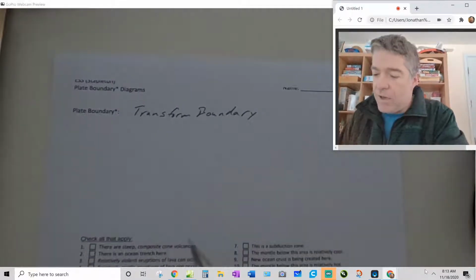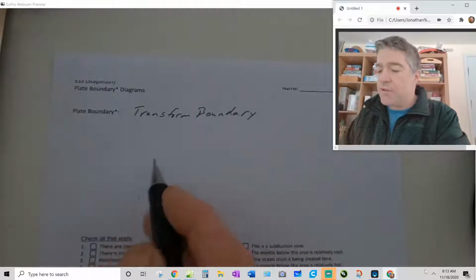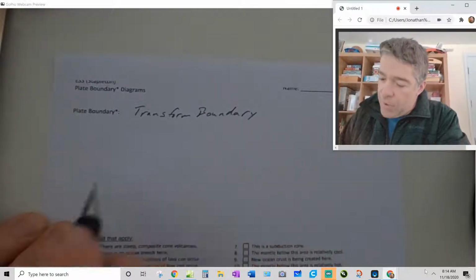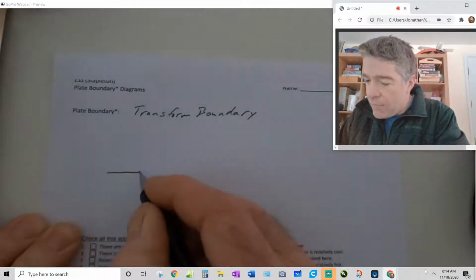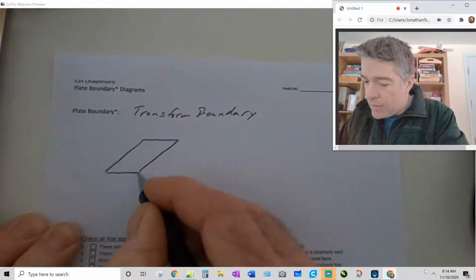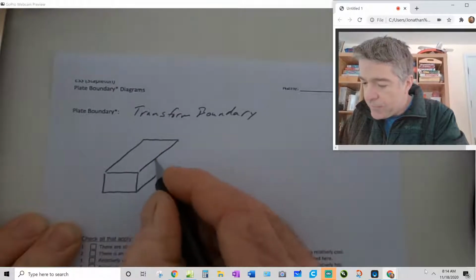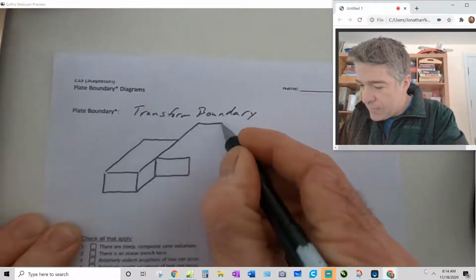If you want to try to make a nice perspective drawing, you can do that. So first, I'll do a nice blocky perspective drawing. But if you don't want to draw it like this, just hold on for a second. So we have basically a couple of blocks of crust. I'll do a simpler drawing after this.